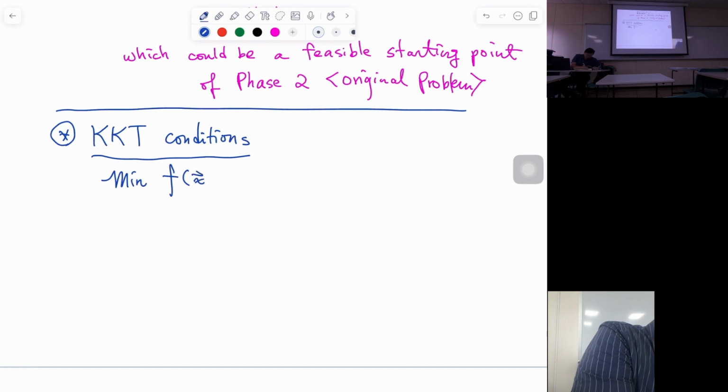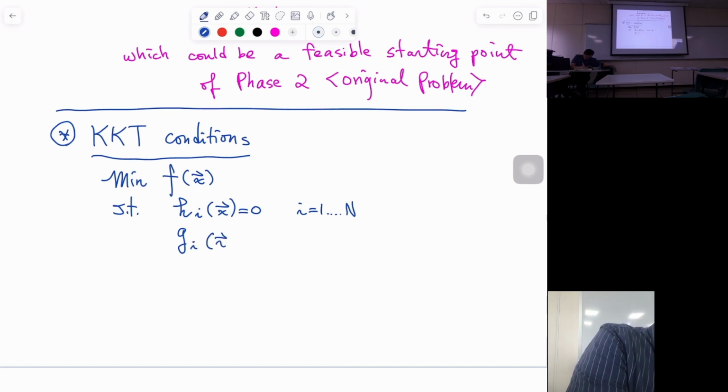where we can have a bunch of equality constraints. We can also have a bunch of inequality constraints.